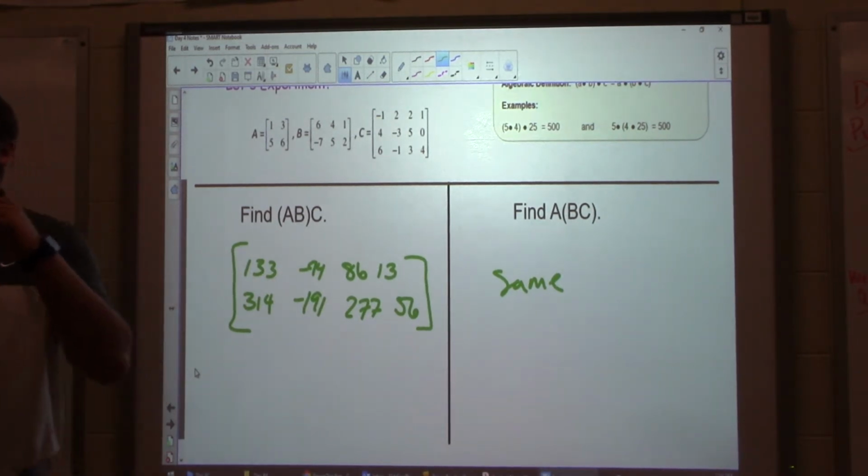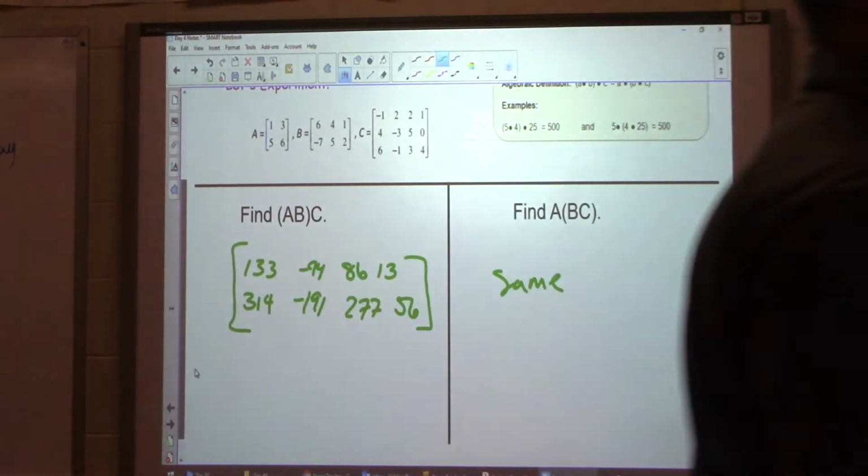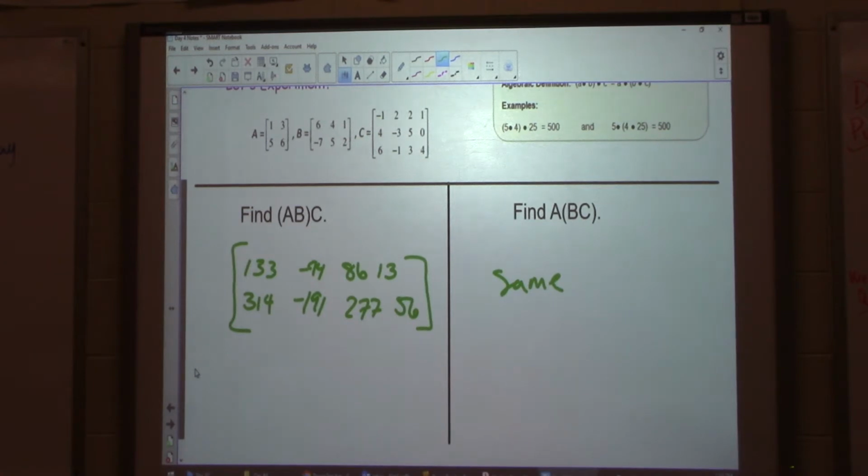Let's think about it. Why does this multiplication one work, but the other one didn't? Let's talk again about why the first one didn't work. Why did the commutative property of multiplication not work? Because we switched the order of our matrices. So why does this one work?